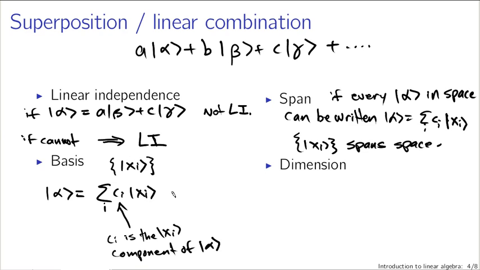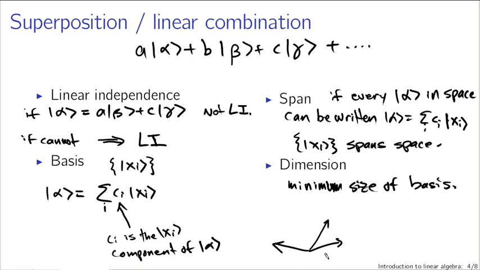So if I have a set of basis vectors that spans a space, the dimension of the space is the minimum size of a basis. So if I have, say, in 2 dimensions, in the plane of this sheet of paper, a vector that points in that direction, and a vector that points in that direction, and a vector that points in that direction, all in the plane of the screen here, I have 3 vectors, but they are not linearly independent, since I could construct this vector from a combination of these 2 vectors, or in any other order.